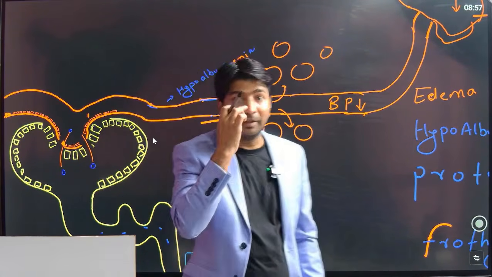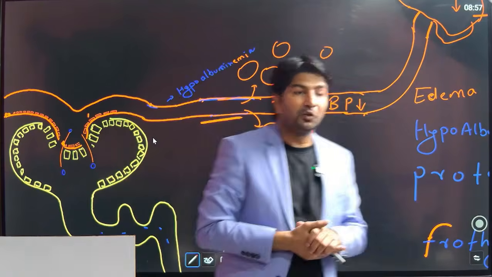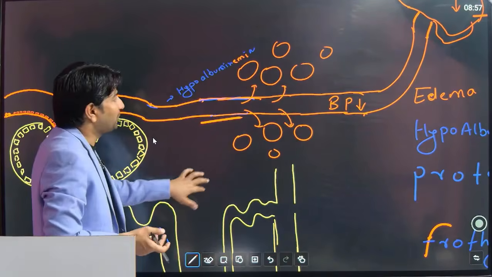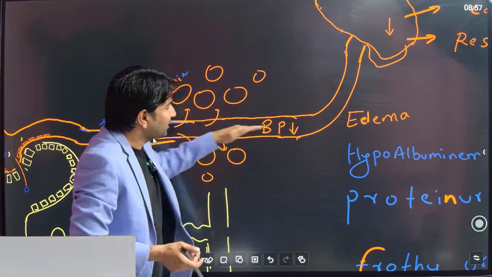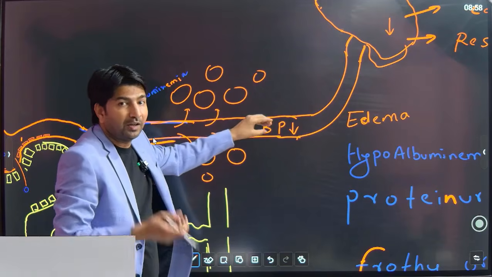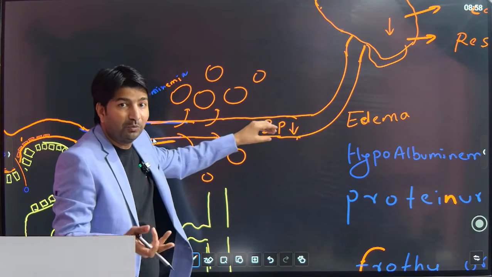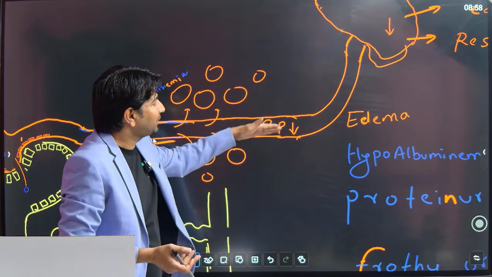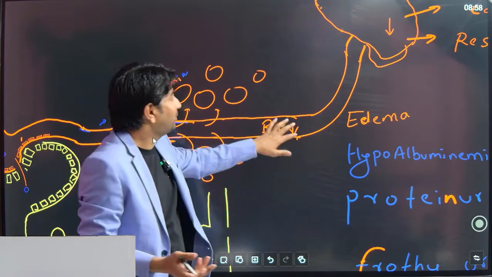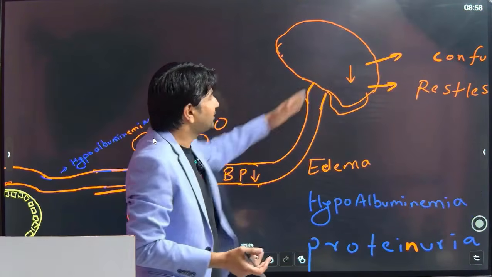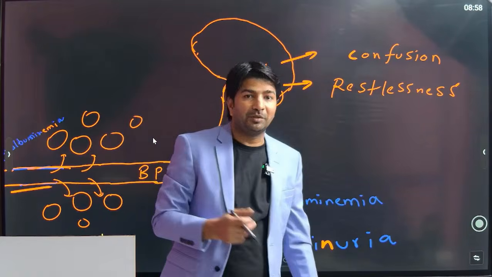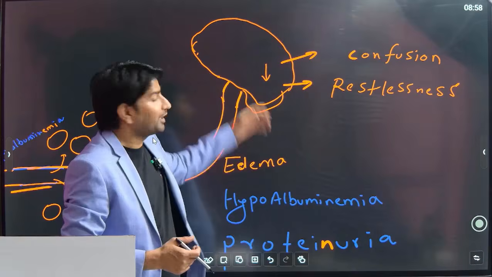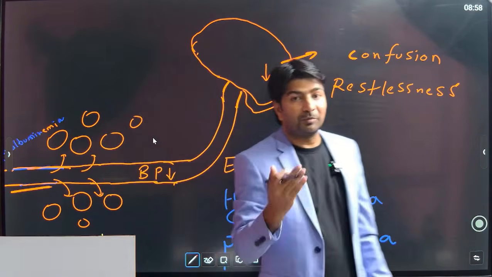So, in these patients, we might have seen periorbital edema, which is common in patients with nephrotic syndrome. The fluid shifted out, which means that in the blood vessels ahead of us, the volume of blood has decreased. The volume decreased, which means the blood pressure has dropped. And since the blood pressure has dropped, when the blood reaches the brain, due to less blood reaching the brain, or due to low blood pressure, cerebral perfusion will decrease.